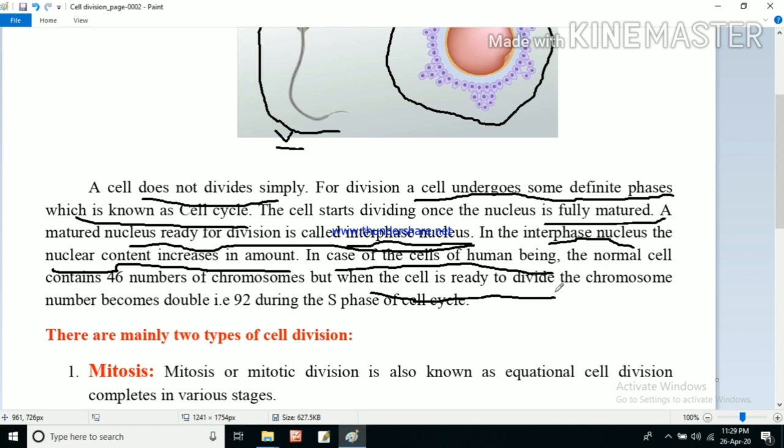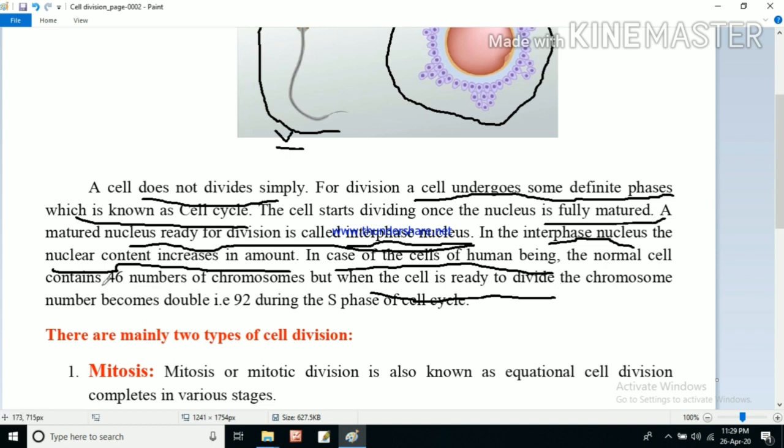If in human beings the normal cell contains 46 chromosomes, when the nucleus is fully matured, the chromosome number becomes double, that is 92.